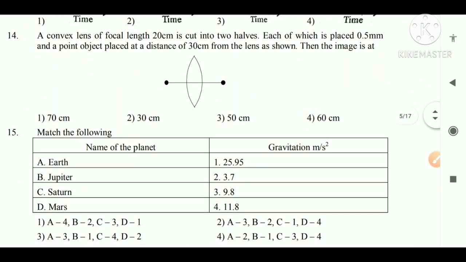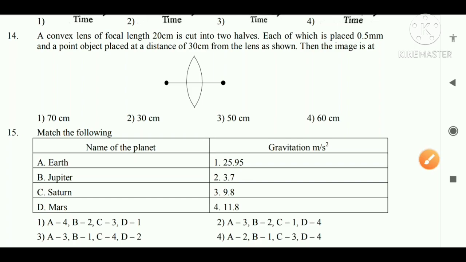A convex lens of focal length 20 cm is cut into 2 halves, each of which is placed 0.5 mm apart, and a point object is placed at a distance of 30 cm from the lens as shown. Then the image is at option 1, 70 cm, option 2, 30 cm, option 3, 50 cm, option 4, 60 cm.